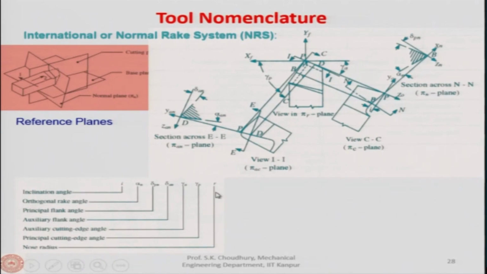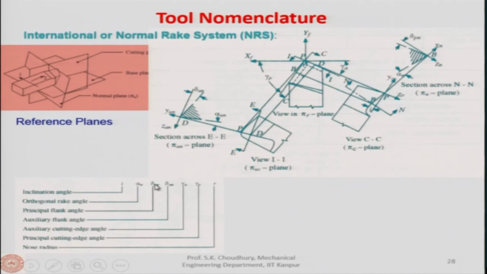In this sequence, the angles are defined, that is inclination angle first, like in case of the ORS, then the normal rake angle, principal normal flank angle. This actually should be normal, not orthogonal. This is not orthogonal, I am sorry, this is wrongly written here. This angle is the normal rake angle, you can correct it.